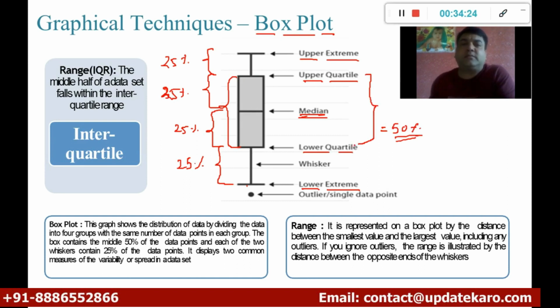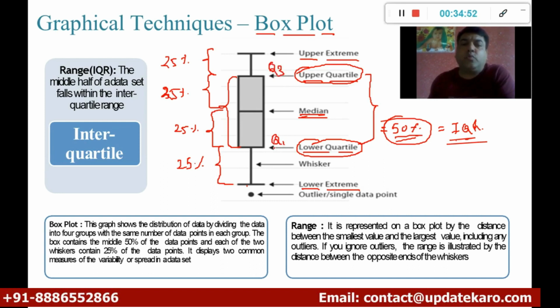Because of this, Boxplot becomes very, very interesting. This particular range between the upper quartile and the lower quartile is called the IQR, and the quartiles are denoted by Q1 and Q3. Q1 stands for quartile 1, Q3 stands for quartile 3.